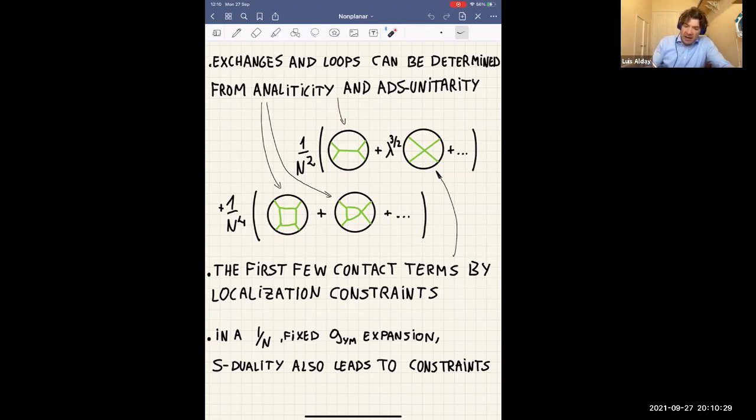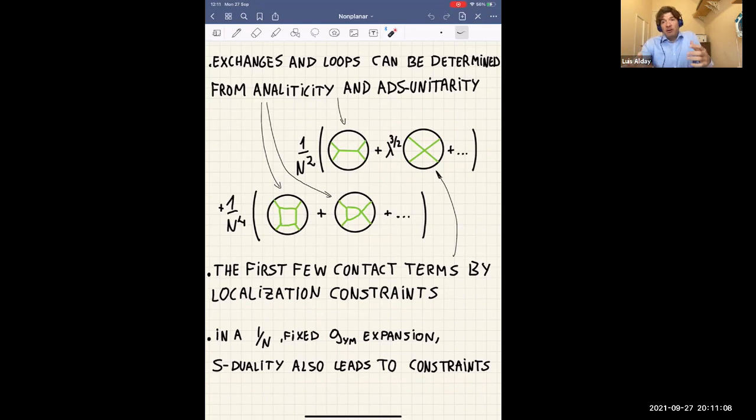On the other hand, the overall coefficients in front of these contact terms are not fixed by obvious crossing symmetries. But it turns out that the first few contact terms can be determined by localization constraints. In addition, if you are looking at a 1/N expansion with fixed g Yang-Mills, which is a bit different from the planar expansion, then S-duality also leads to some constraints.